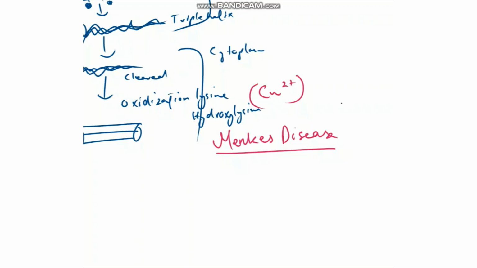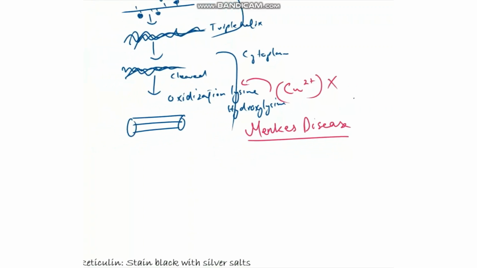And why is that happening? Because in the arterial connective tissue we have collagen, and collagen is not being synthesized properly. Why is it not synthesized properly? Because we don't have copper. There's copper deficiency, which results in a problem in the oxidization of lysine hydroxylation, which results in a problem in the collagen synthesis, which leads to the arterial tortuosity syndrome. So that is the major sign for Menkes disease.